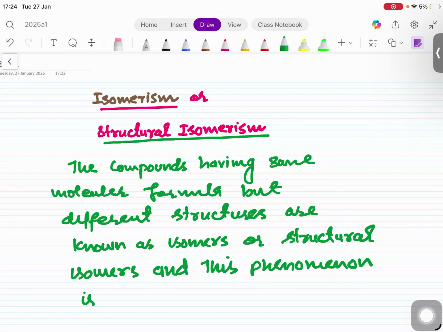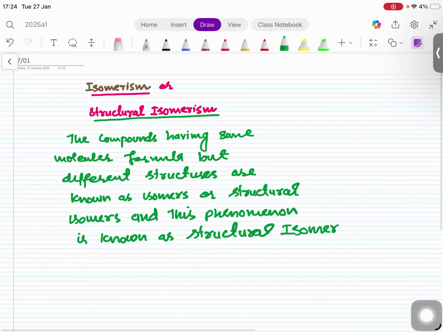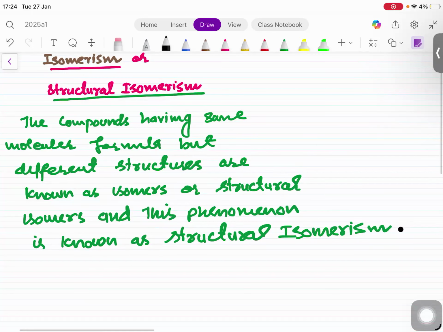And this phenomenon is known as structural isomerism.